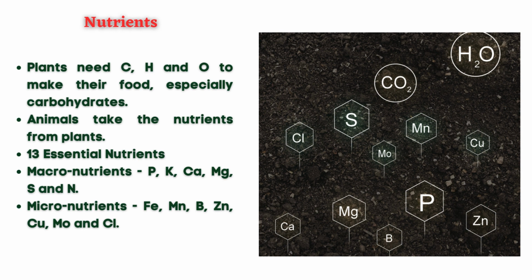The macronutrients are phosphorus, potassium, calcium, magnesium, sulfur, nitrogen. And the micronutrients are iron, manganese, boron, zinc, copper, molybdenum and chlorine. So these are all micronutrients.